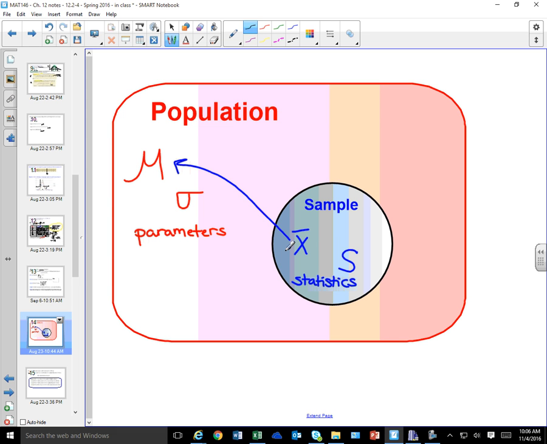The population parameters that we talked about are mu and sigma. Okay, so we will use our X bar to infer about mu. So that's just a quick summary of some of the things we've gone over so far, looking at which of these variables were statistics and which ones were parameters.